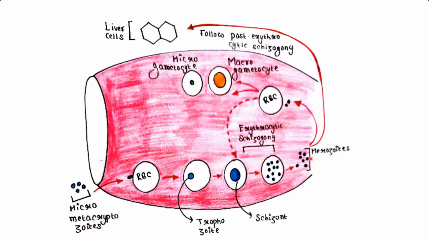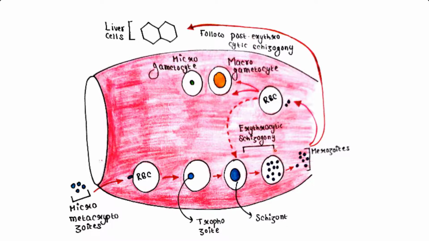Some merozoites may again go from the blood to the liver cells and invade them to undergo another phase of asexual multiplication, which is called post-erythrocytic schizogony. This is called post-erythrocytic schizogony because this occurs after the RBC or erythrocytic cycle. This cycle continues and a huge number of merozoites get liberated.